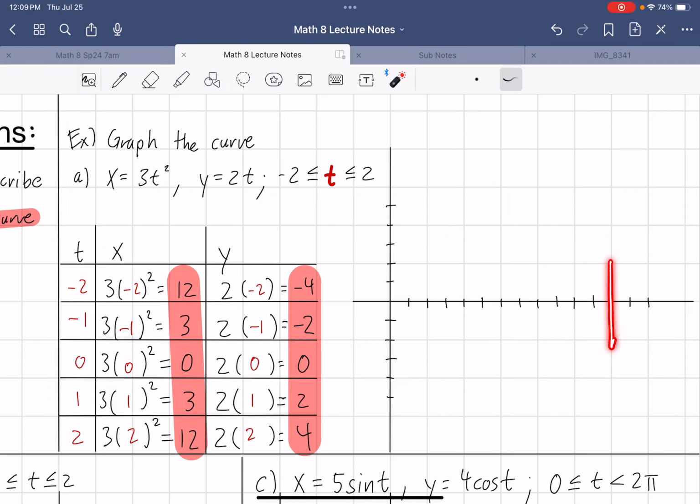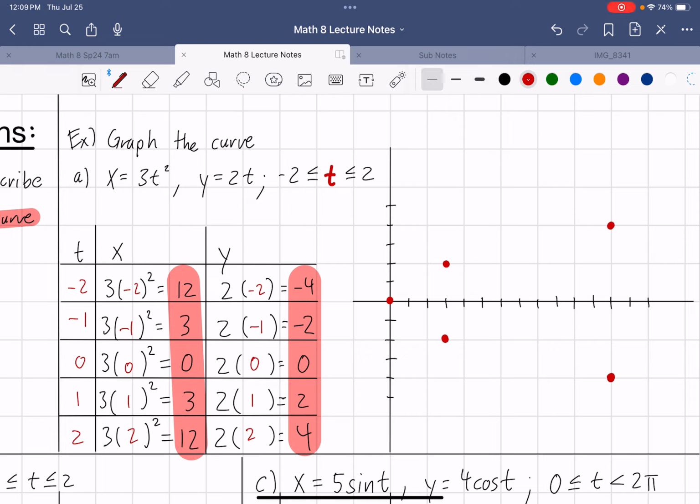And then it's going to be 12 and negative 4, which is down here. So our first ordered pair is going to be right here. And then we have 3, we jump big, and then we have 3 and negative 2. Then 0, 0, then positive 3, positive 2, and positive 12 and 4.